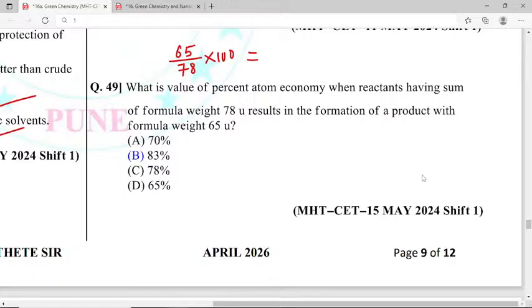So how to solve such type of question? 6500 divided by 78 is again 650 divided by 7.8. So we will get the answer between 80 and 85. So 83 is your answer, rounded up. That's 83. Okay.